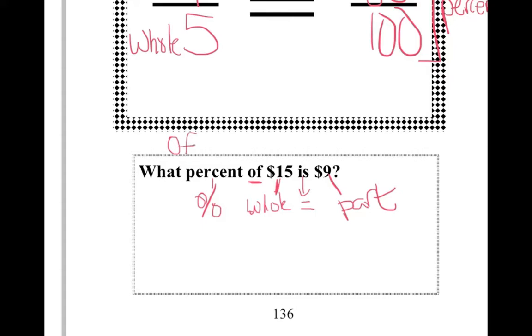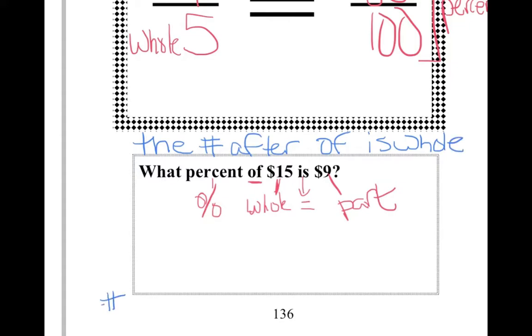The number after "of" is the whole. The number after "is" equals part. That helps you set this up.